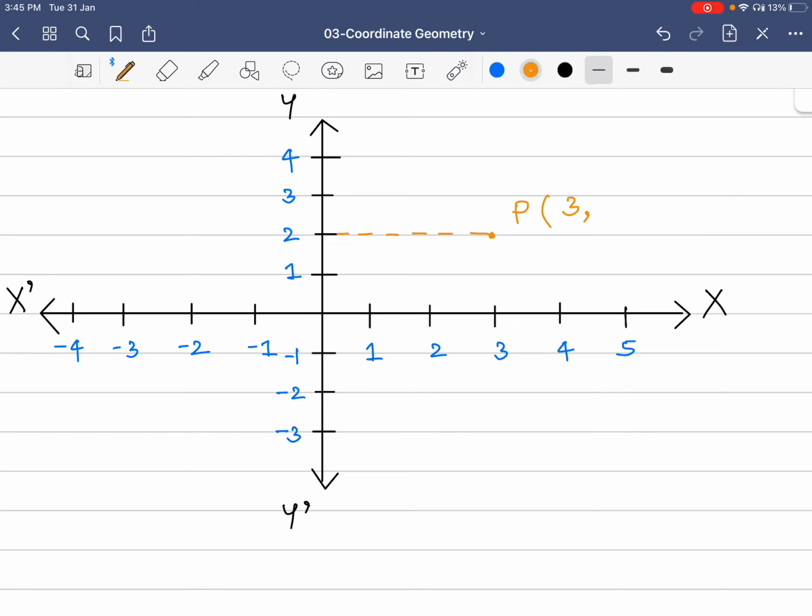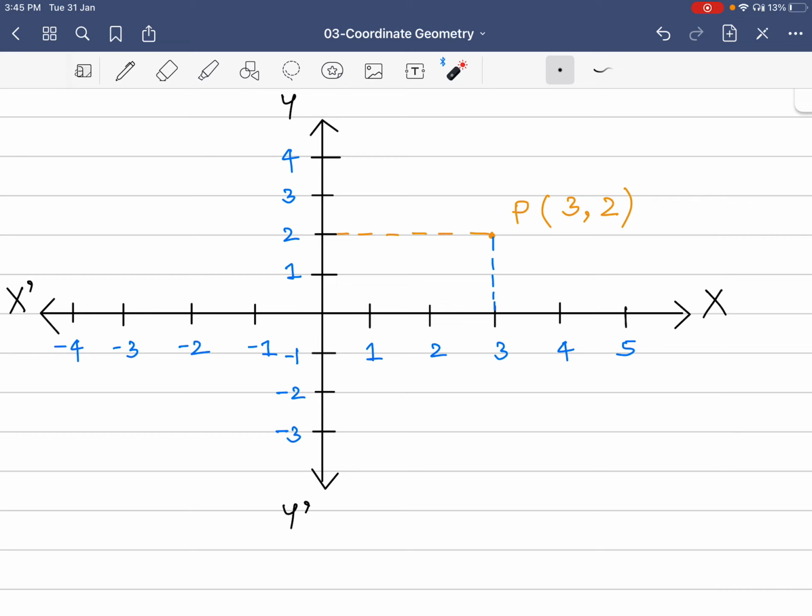Next, we find the perpendicular distance of P from the x-axis. This will come down like this. What will be the value of this perpendicular distance from the x-axis? It will be equal to 2. So I'm going to write here 2. And thus we say the coordinates of P are 3 and 2.